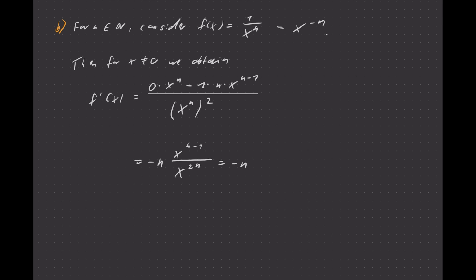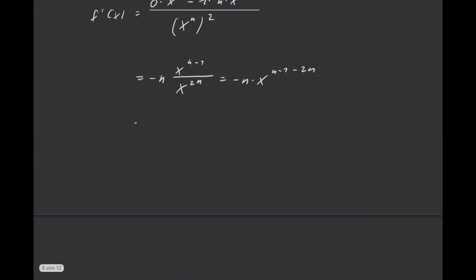And this quotient here, that's the same as x to the power of n minus 1 minus 2n. So what we get here is minus n times x to the power of minus n minus 1.